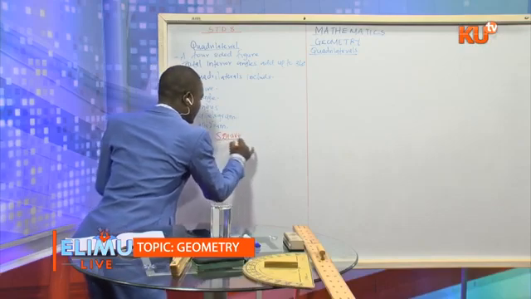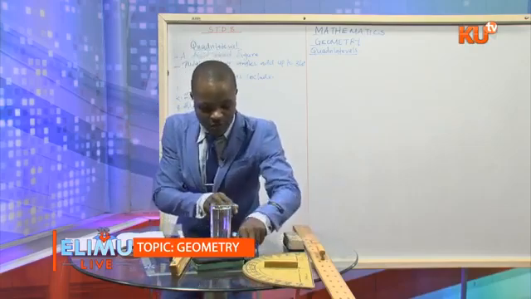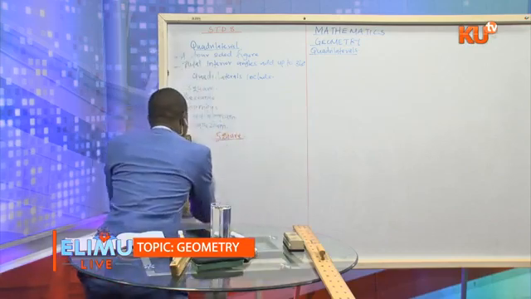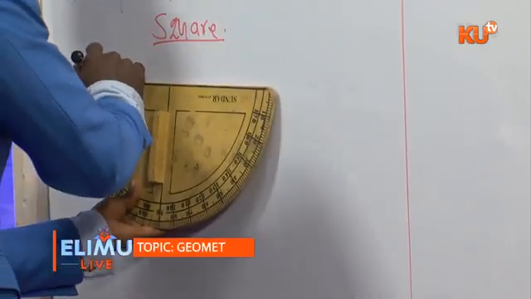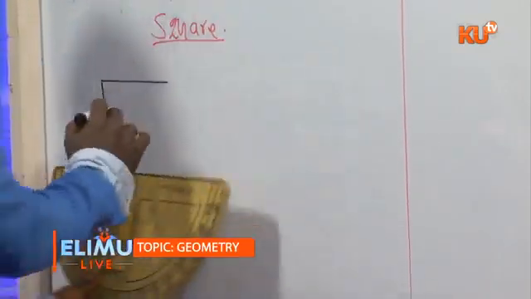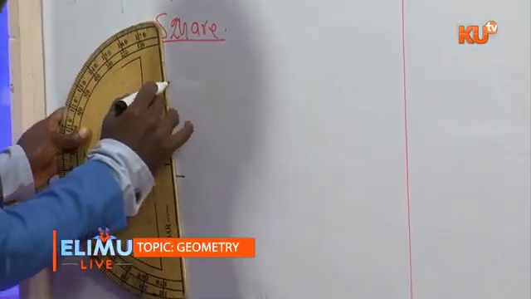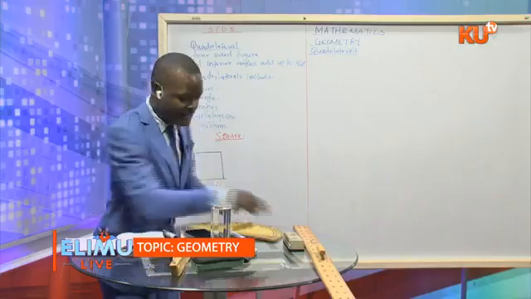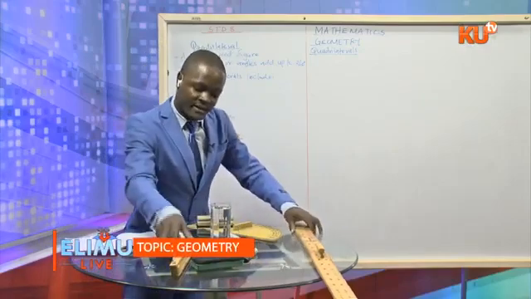Now, a square is a four-sided figure. Let me just draw it here for you so that you can also see how it looks. A square is an example of a quadrilateral that has four sides.